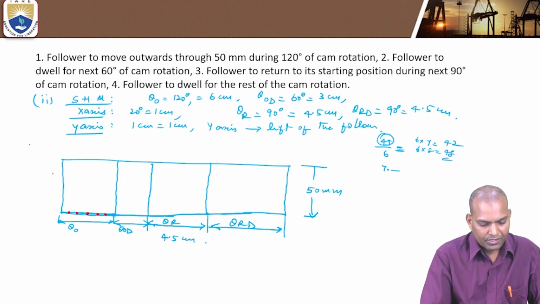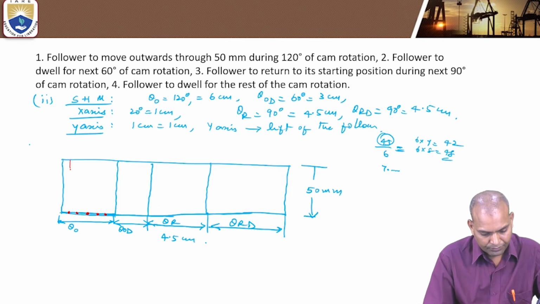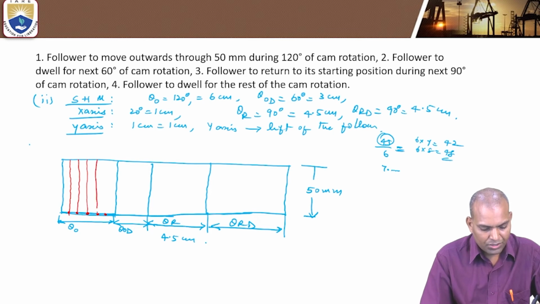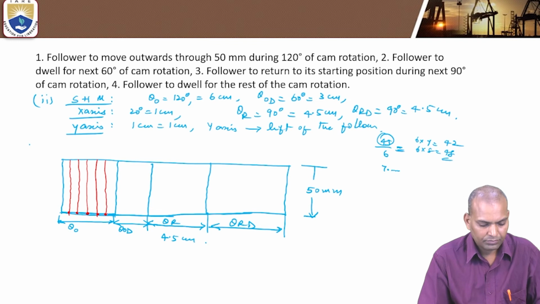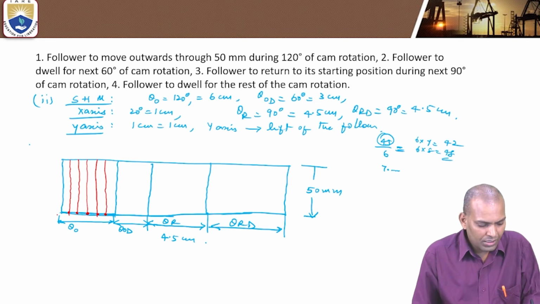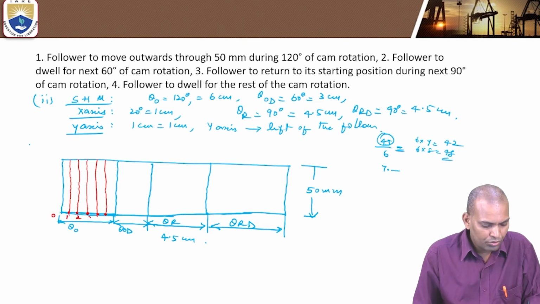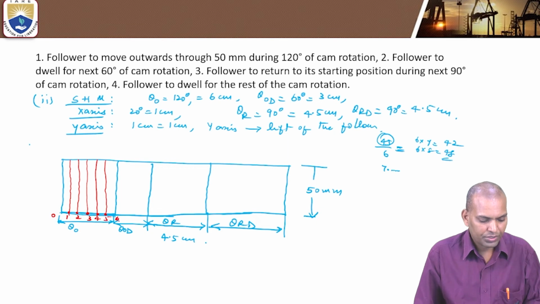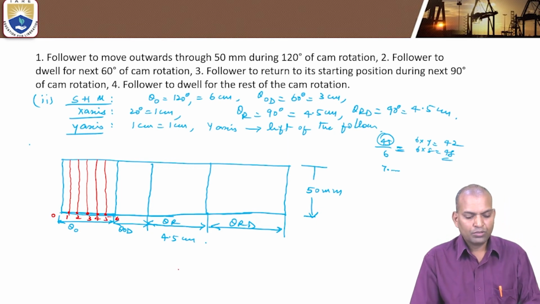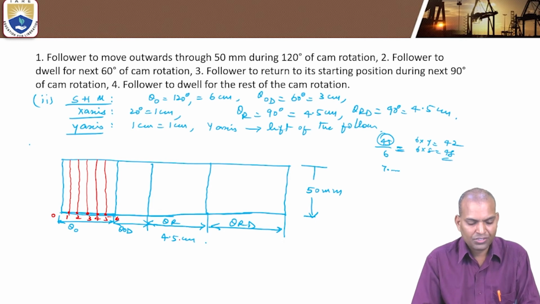Now join these with vertical lines. Now these are the 0, 1, 2, 3, 4, 5, 6 parts. Now coming to the point of how to divide this 4.5 centimeters into 6 divisions.